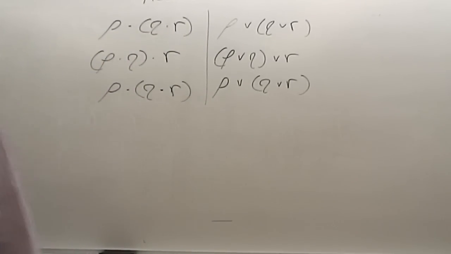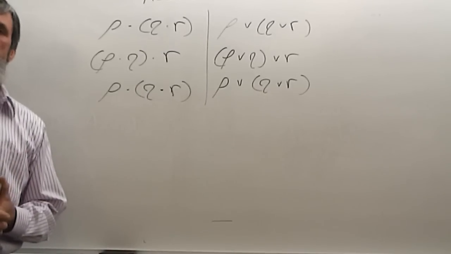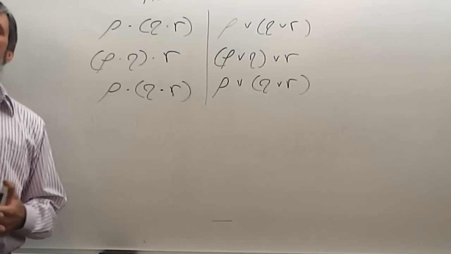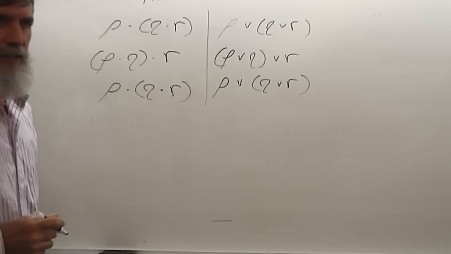I think you should jot down a tip about what this is most commonly used for. Either by itself or with our next rule of replacement called commutation. This rule is used to alter the appearance of a conjunction or a disjunction.